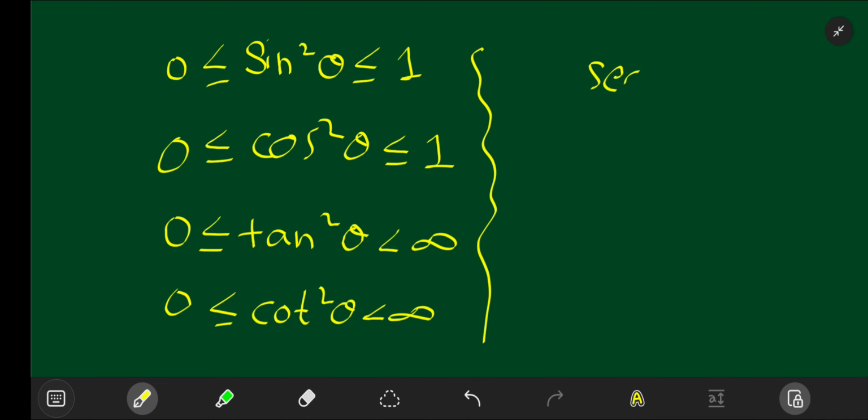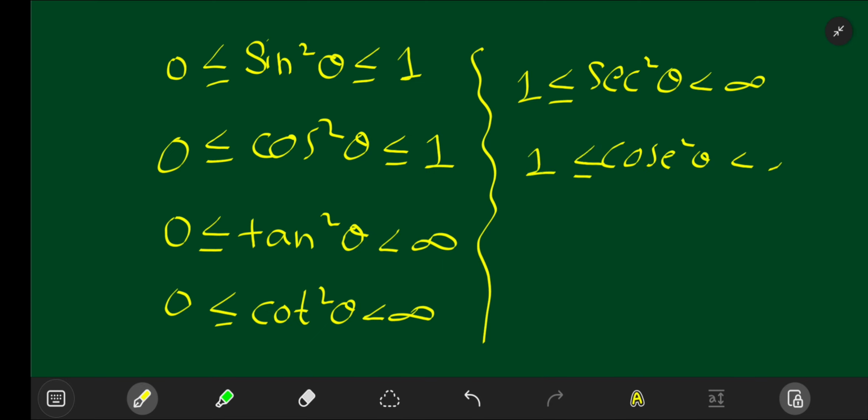Sec square theta ranges from plus 1 to infinity. Similarly, cosec square theta ranges from plus 1 to plus infinity. These are the square ranges of trigonometric functions, square ratios.